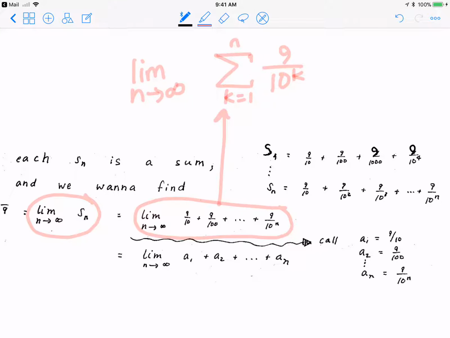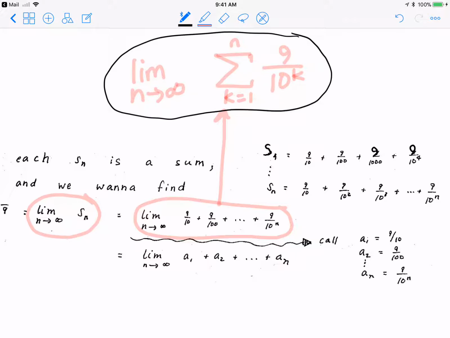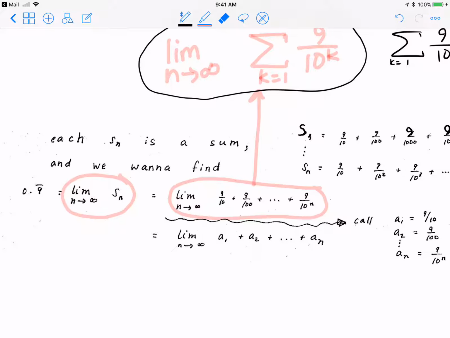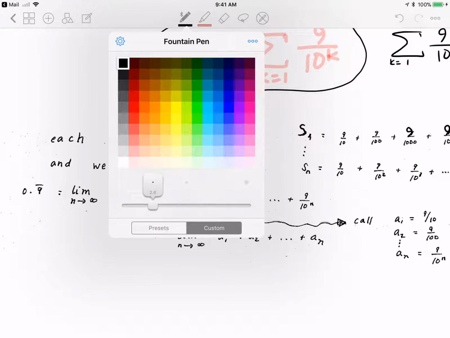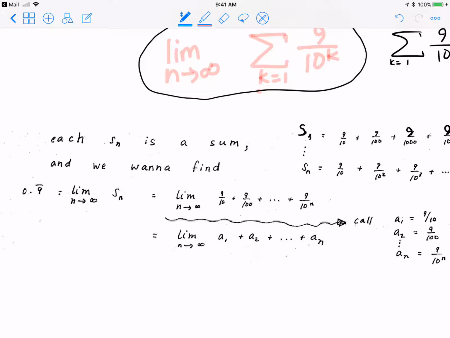Instead of writing all of this, we use shorthand notation and we just say from 1 to infinity, 9 over 10 to the k. Right? So that's where we're headed. That's why this is an infinite series. Now, notice that we've got terms: 9 over 10, 9 over 100, 9 over 10 to the n.